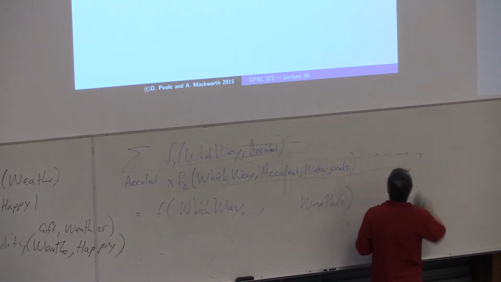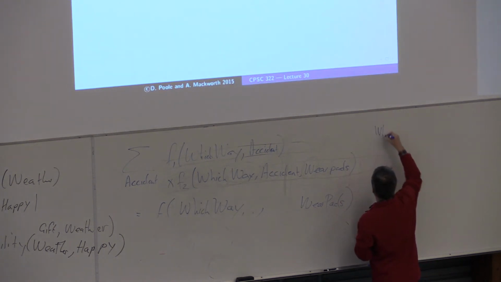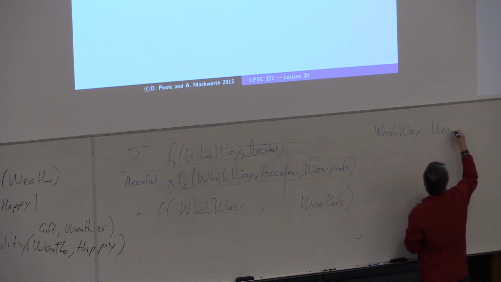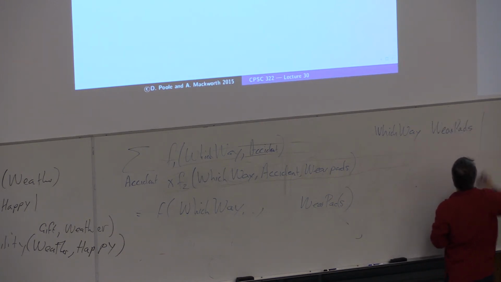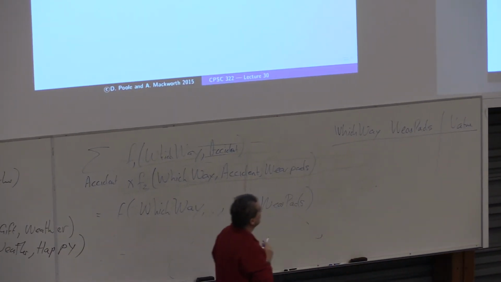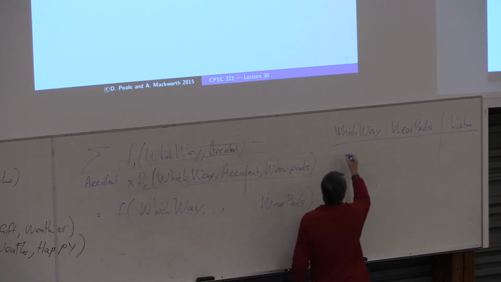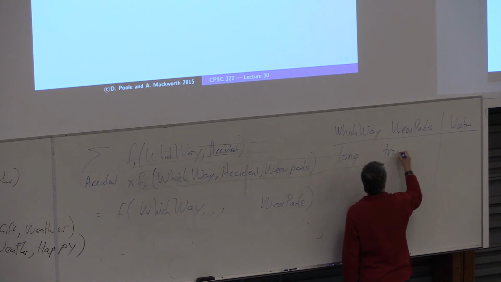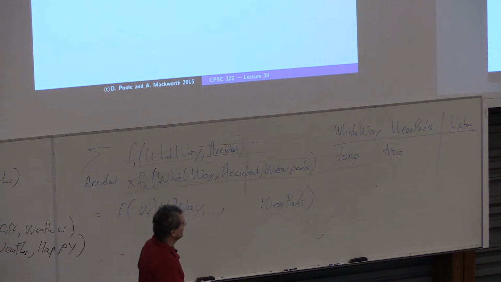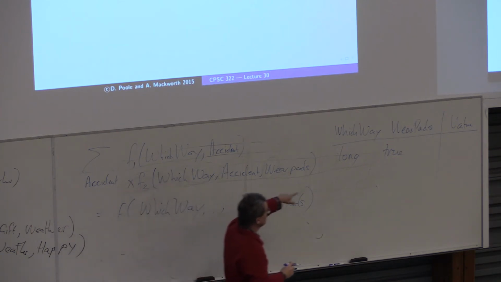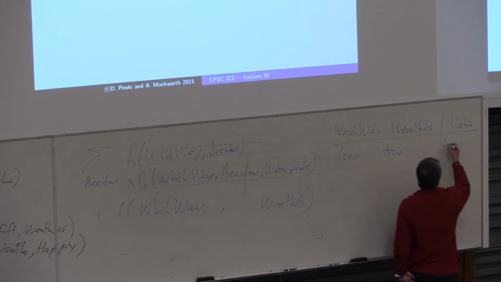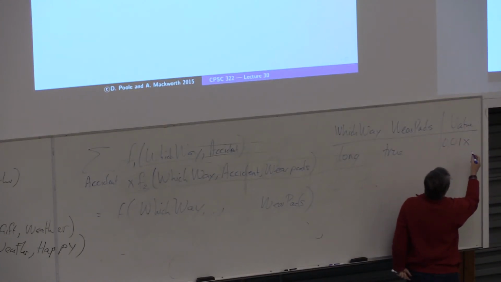Right, and we have this table on which way and wear pads, and it has some value. It's either long or true. What's the value for this? Oh, we've got to multiply these two together. So we've got to do the case with an accident. So it's 0.01 times what?